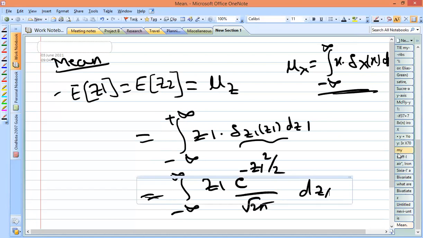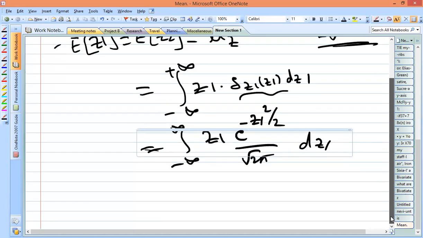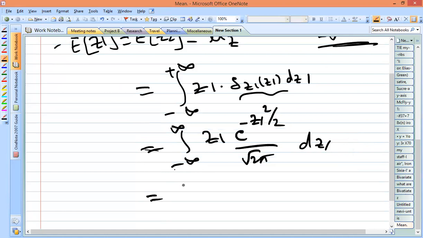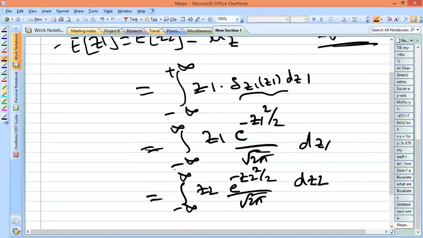This represents the equation for E of z1. Similarly, we can write the equation for E of z2 as the integral from minus infinity to plus infinity of z2 e to the power minus z2 square by 2 whole divided by root 2 pi, integrated with respect to dz2. Here we can see that z1 as well as z2 represent odd integrands.